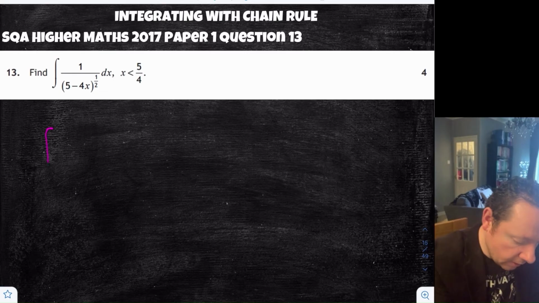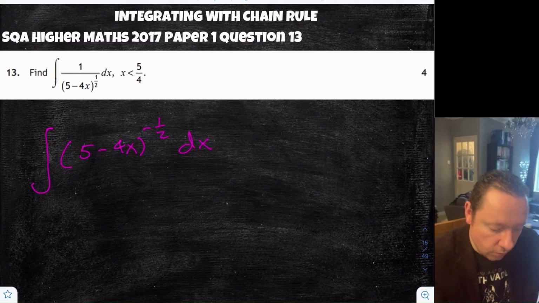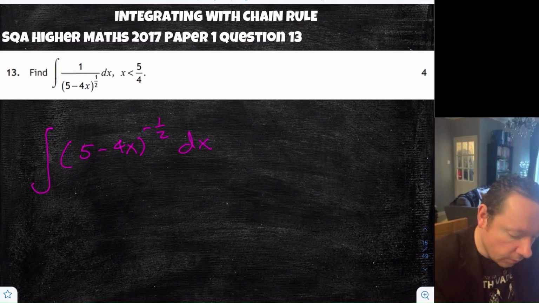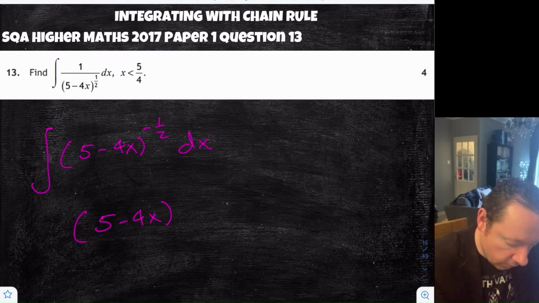So that becomes the integral of 5 minus 4x to the minus a half dx. It's telling you obviously that x can't be more than 5 over 4 because this would not be valid. Now, let's integrate that. So we add 1 to the power. So we get 5 minus 4x to the power of a half. We divide by the new power, so we divide by a half.